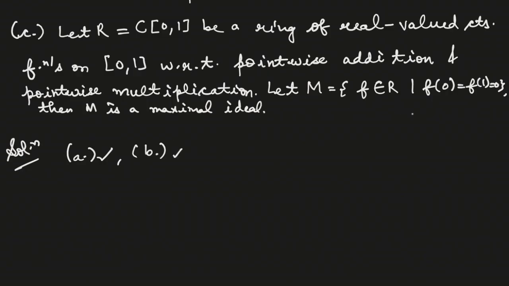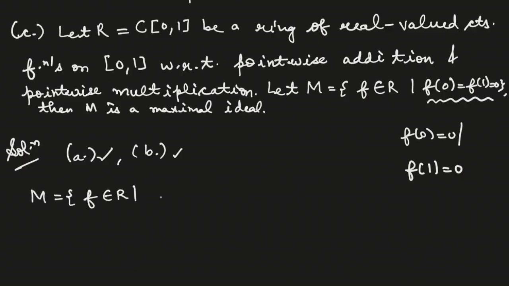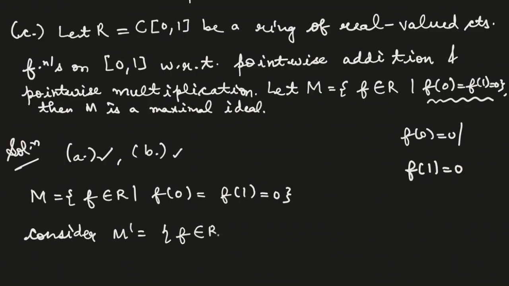So in this C, हमने बस अब तक f(0) = 0 या फिर f(1) = 0 इस तरह से पढ़ा है. दो रूट्स इकट्ठे आ जाए ऐसा कुछ नहीं पढ़ा अब तक. So let M = {f ∈ R such that f(0) = f(1) = 0}. Consider M' = {f ∈ R such that f(0) = 0}.